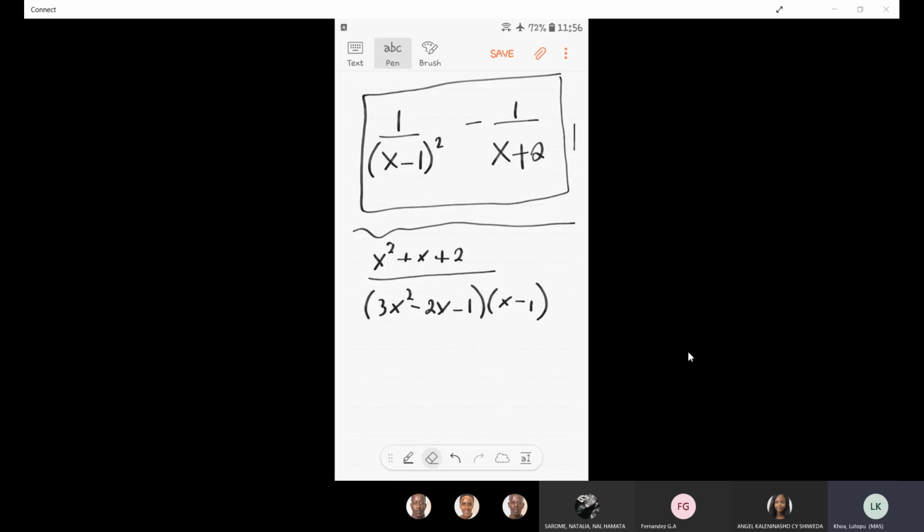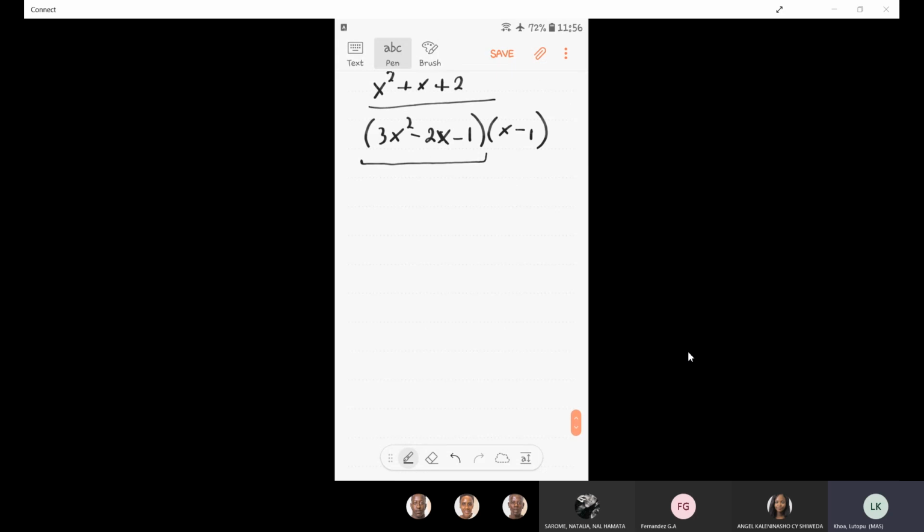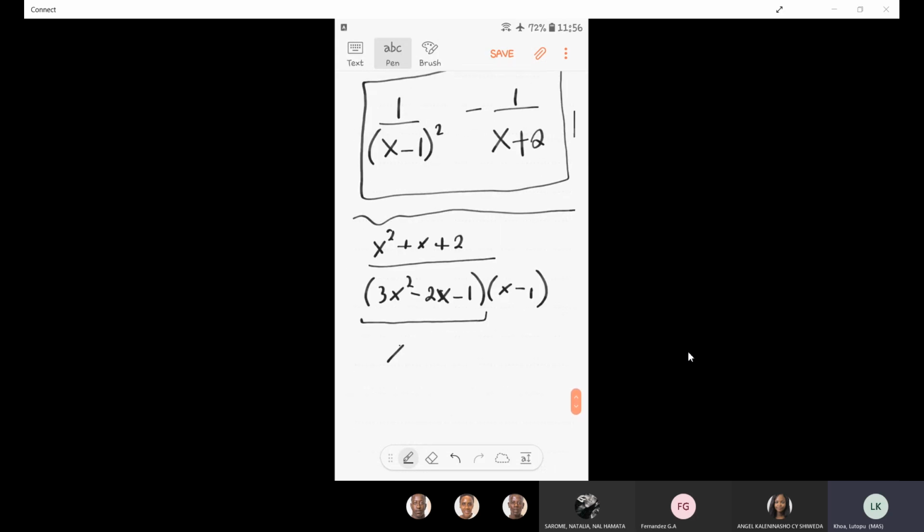But I look at my denominator, the first factor, it's quadratic, so you can factorize it. So go ahead and factorize that. So here I have x squared plus x plus 2, and then when you factorize this, you should have x minus 1, and then 3x plus 1.